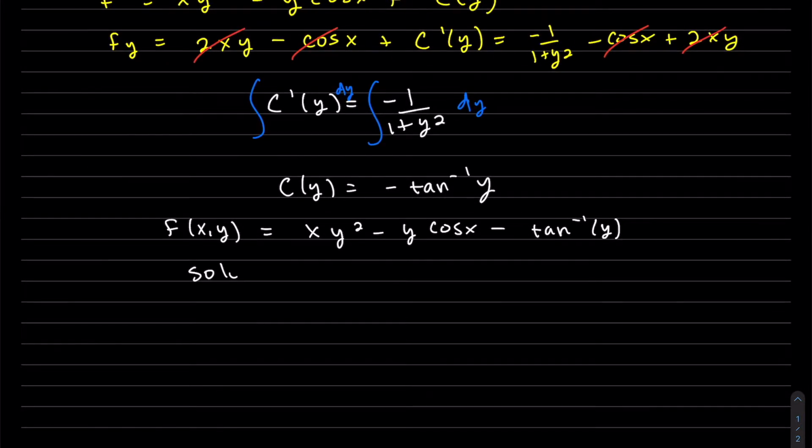And our solution, and that's our general solution. It's basically f of x, y is equal to a constant.